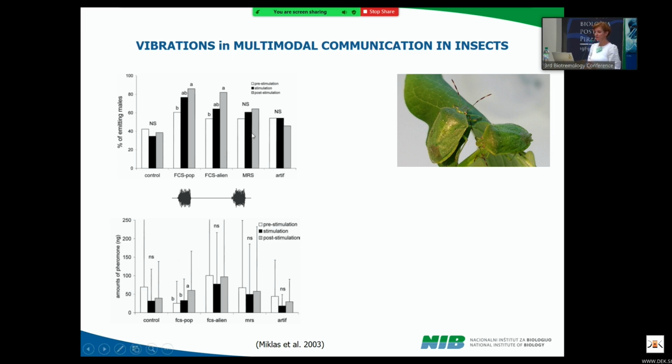As you can see on the upper graph, when males were stimulated by a female calling song of the same population, the number of males emitting the pheromone increased. Moreover, when they looked at the amount of pheromone produced by specific individuals, they also observed that when stimulated by female calling songs, the individuals produced more of the pheromone.